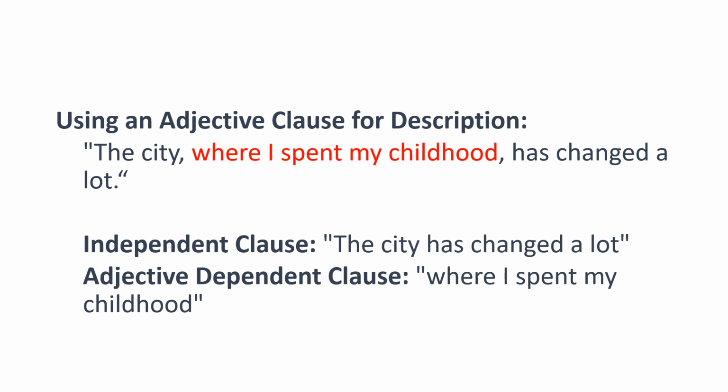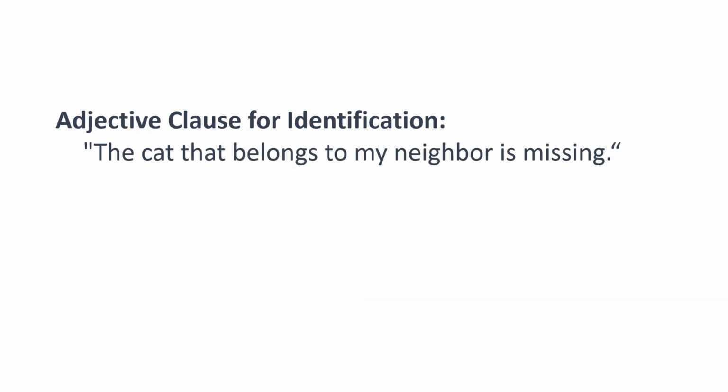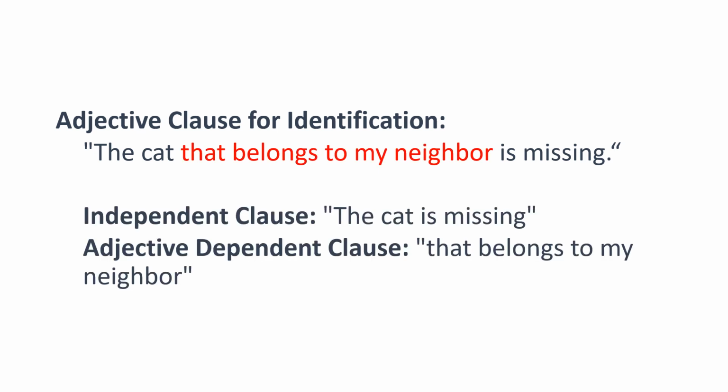Let's check in the next sentence. The cat that belongs to my neighbor is missing. Independent clause is the cat is missing, and dependent clause is that belongs to my neighbor.